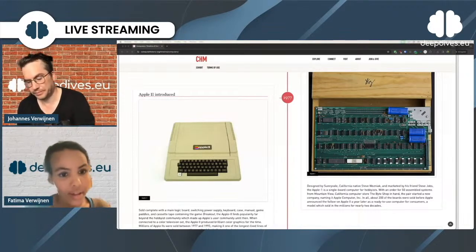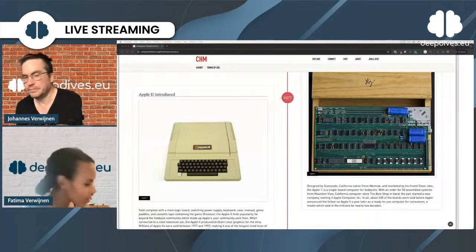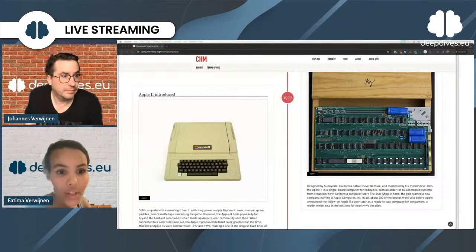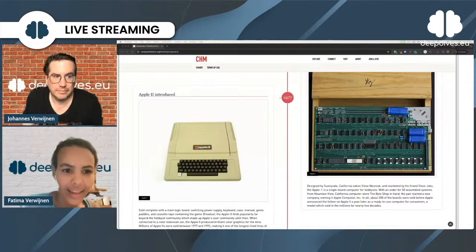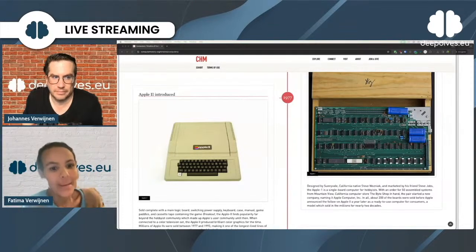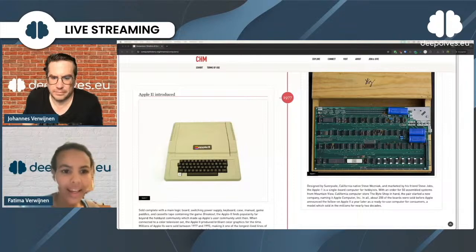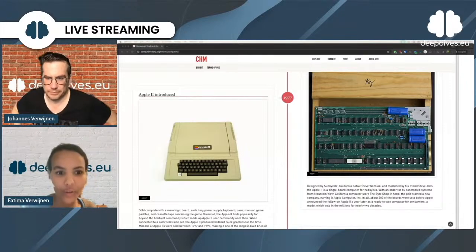Together, they combined Steve Wozniak's knowledge and skills with Steve Jobs' way of working in the market, making things seem more desirable to the masses, I think. And that's why it got so successful.